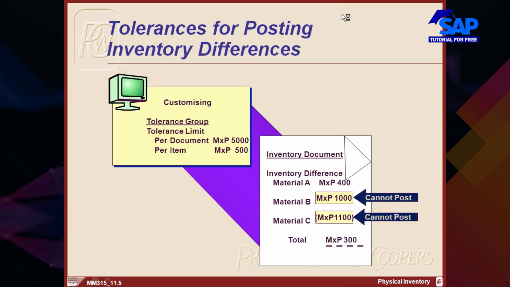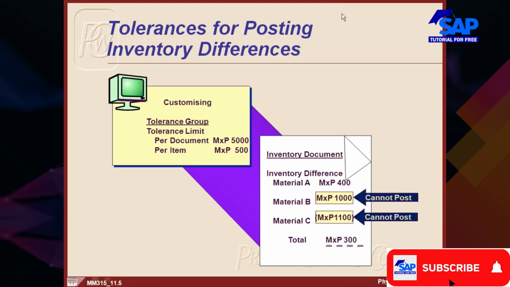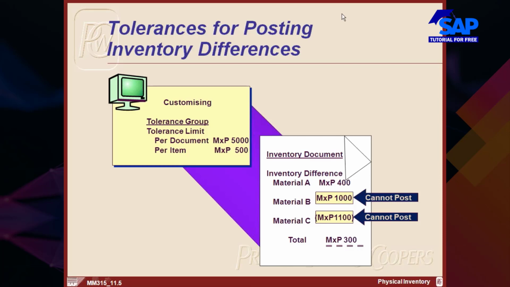So what happens once the tolerances are assigned to a tolerance group, which is in turn assigned to the user ID? Your user ID will have authorization to post a document if it is within the permissible limit, or an item if it is within the permissible limit.